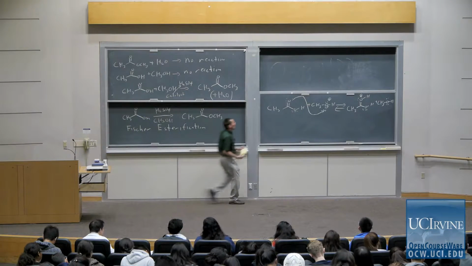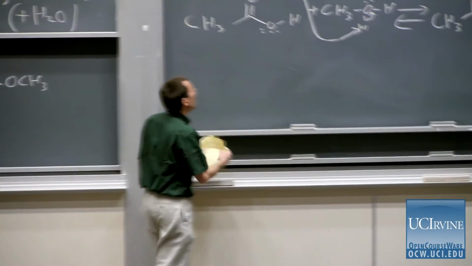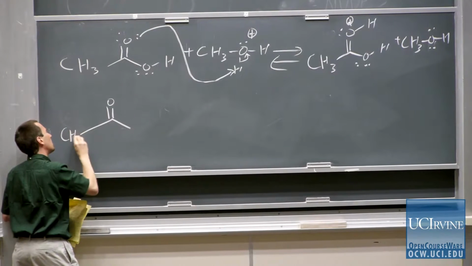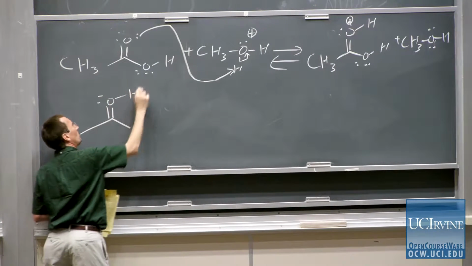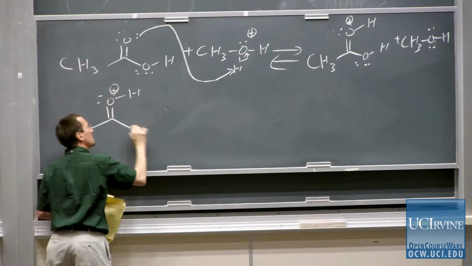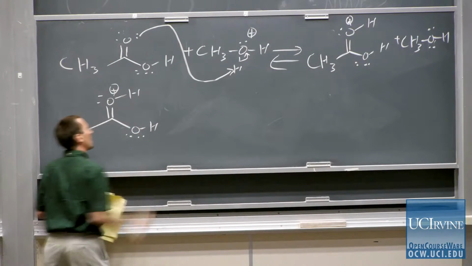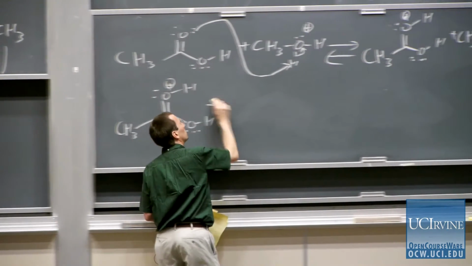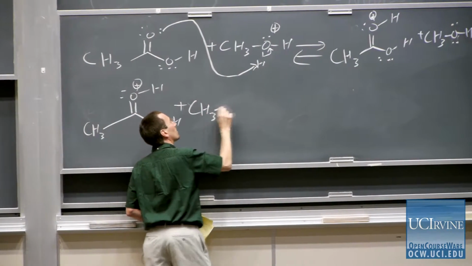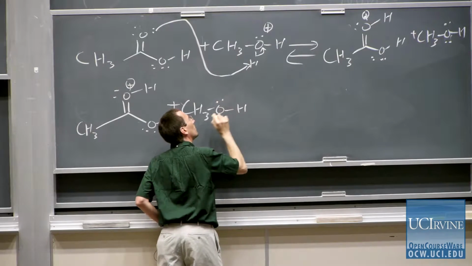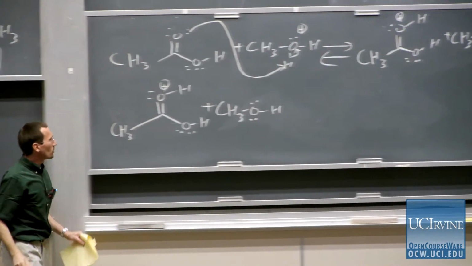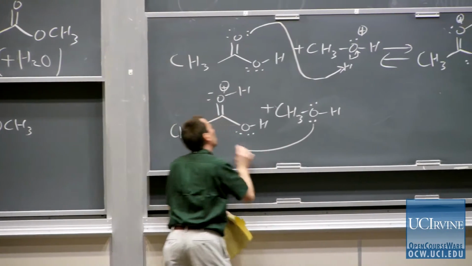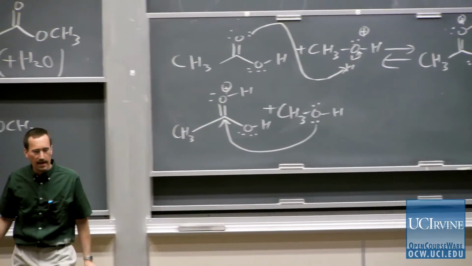Now, this process, the protonation of the carbonyl, has made it into a good electrophile. Now it's ready to react even with a relatively weak nucleophile like methanol. Electrons flow from the lone pair on methanol to the carbonyl carbon atom.